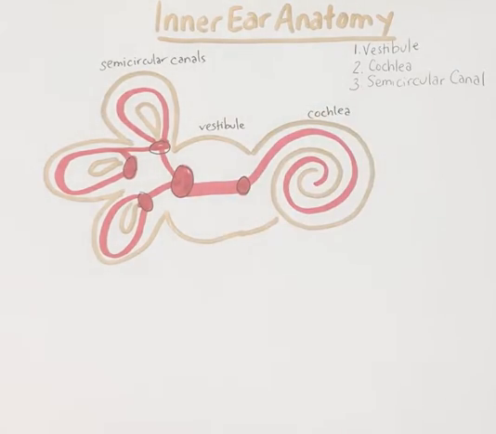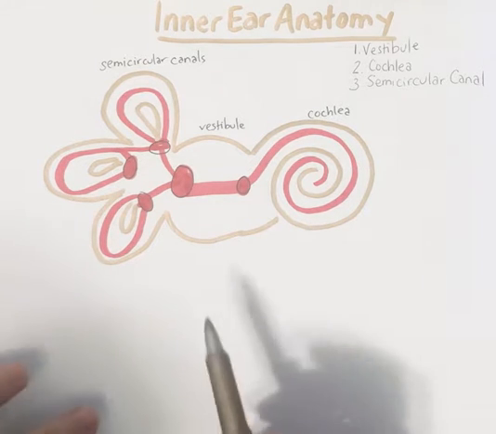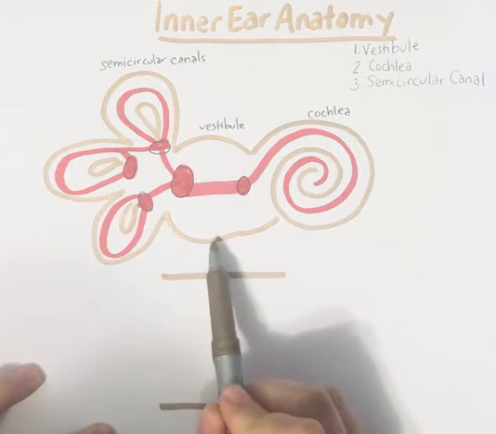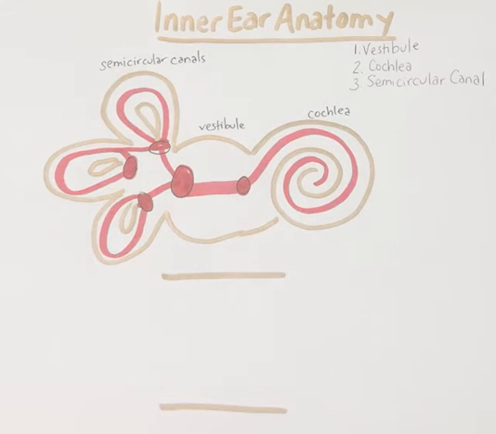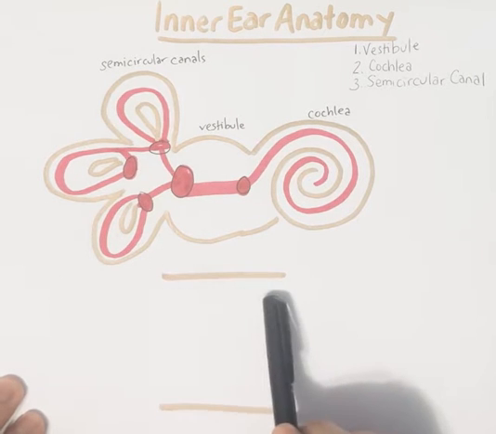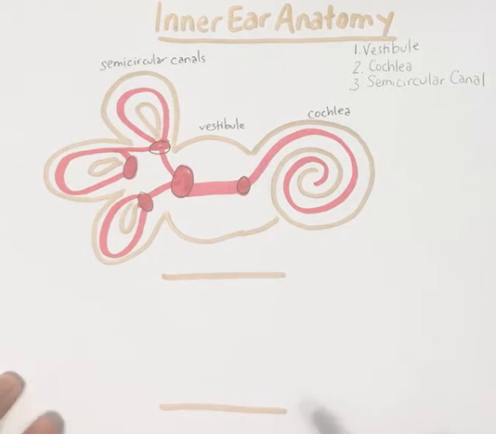So when looking at the vestibule, we're going to use this as basically our model. We can say that the top portion is bone. So I'm just going to draw it like this. And the bottom portion is bone. So when we talk about the labyrinth inside, the superior aspect where it's bone is the osseous labyrinth, and it has a name.